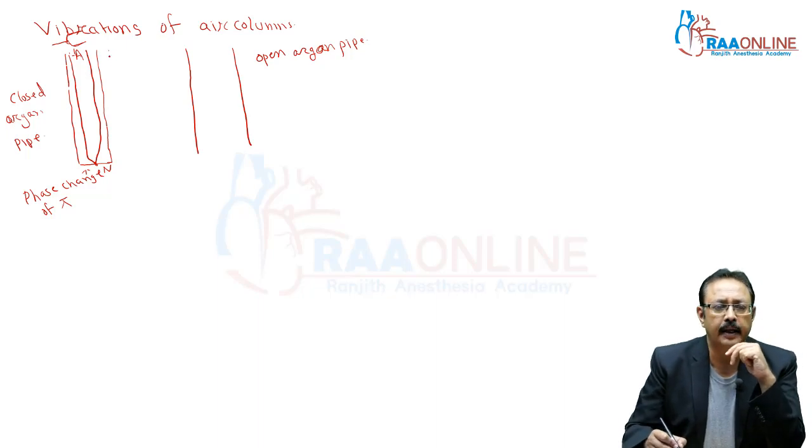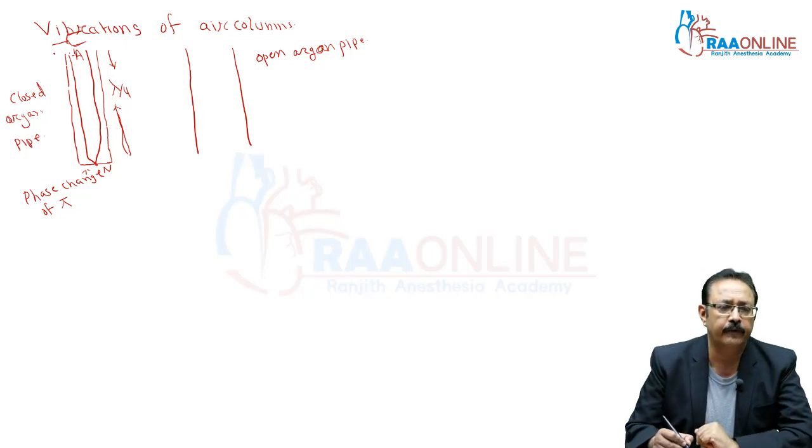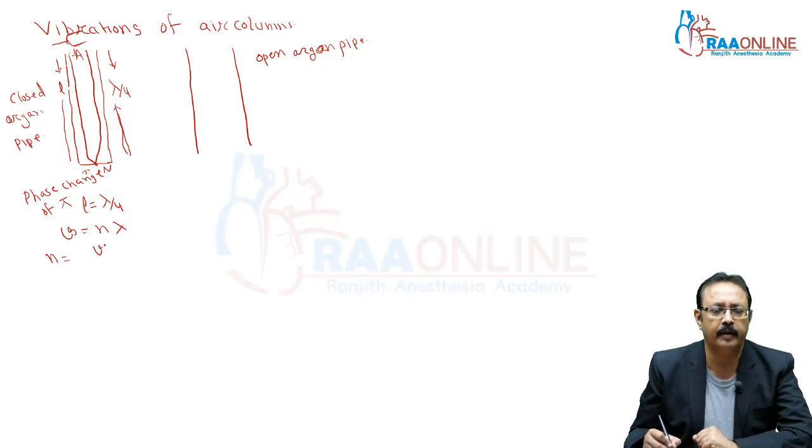It means the length of the air column is the distance between this antinode and node, which should be lambda by 4. I told you the distance between the nearest antinode and node is lambda by 4. So if the length of the tube is L, L equals lambda by 4. But V equals n lambda, so n equals V upon lambda. What is lambda? 4L.